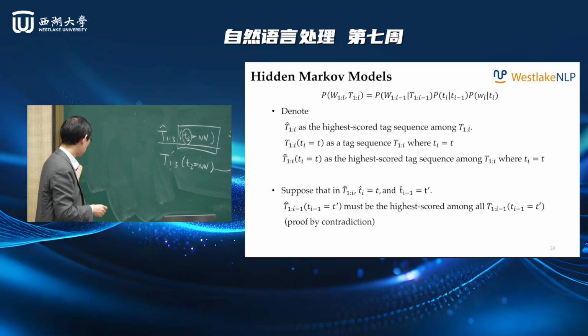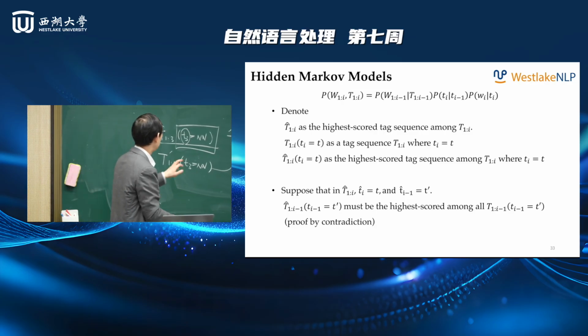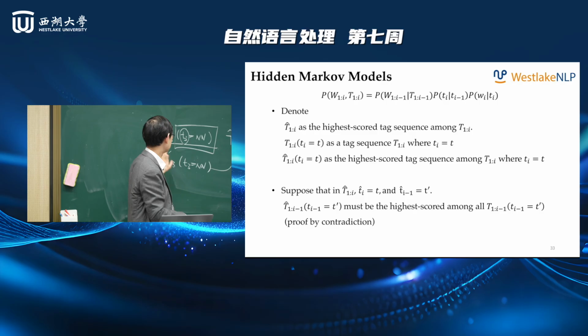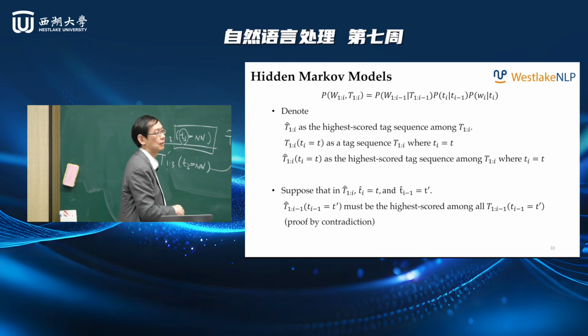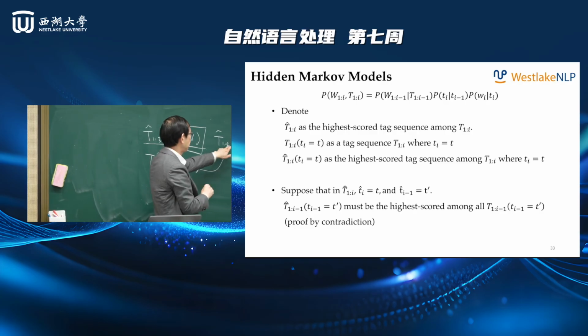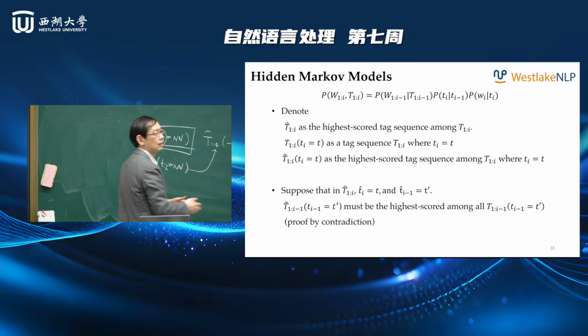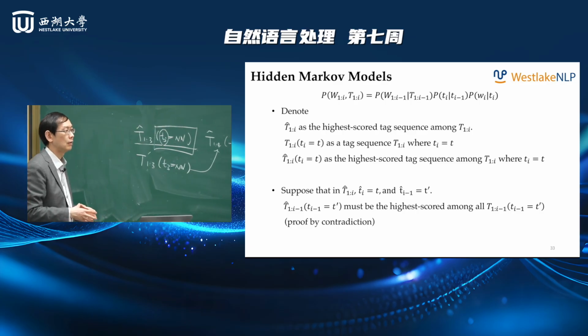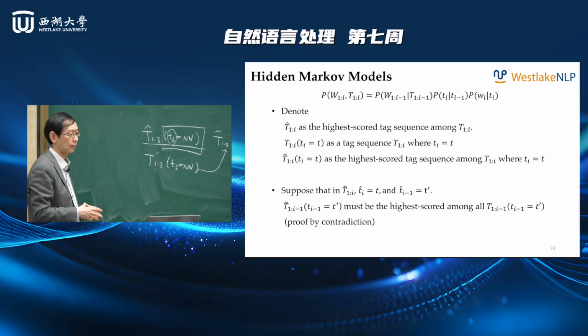So it means that I have to take the pain to remember, okay, the subsequence with all possible last tags. I need to check which one leads to a better one, which one leads to a better one, to find, okay, this new optimal subsequence.